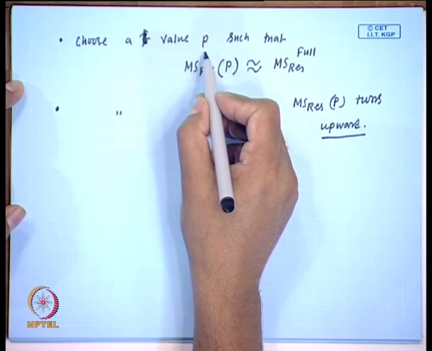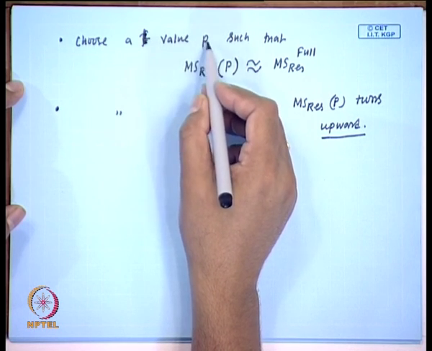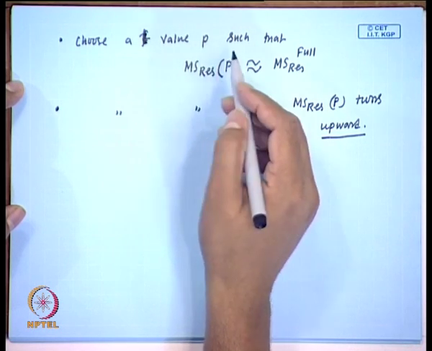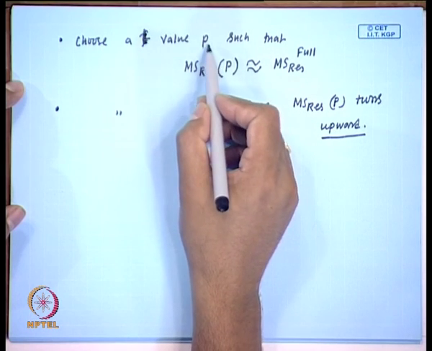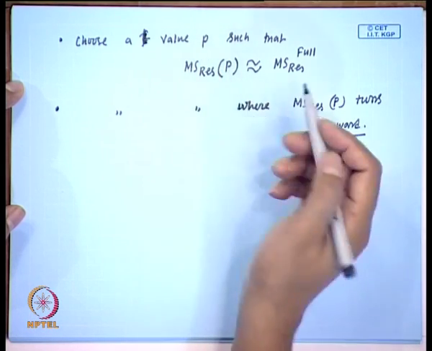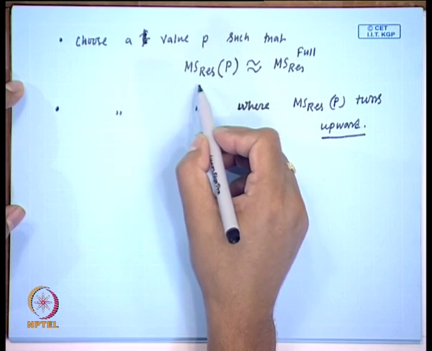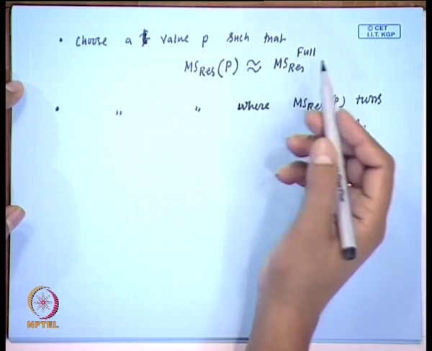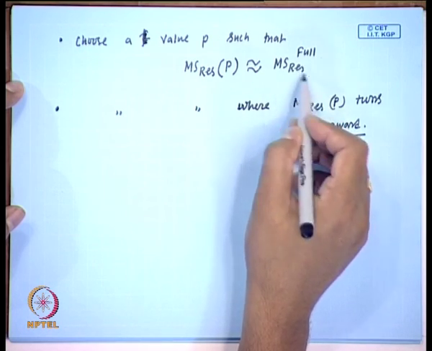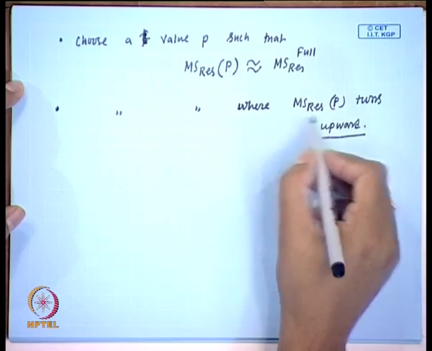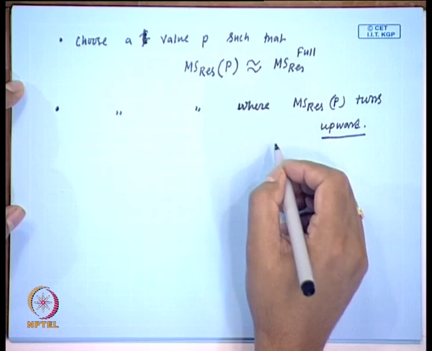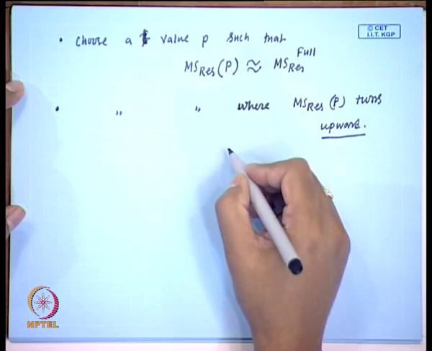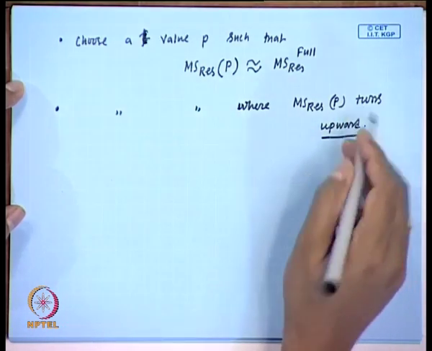Either you choose a p, in fact it is the number of regressors in the regression model plus 1, such that the MS residual p is almost close to the MS residual for the full model. Otherwise, you choose a p such that from that point MS residual p turns upward.